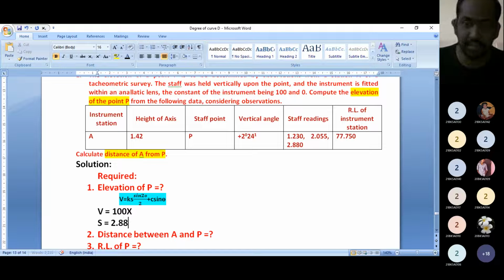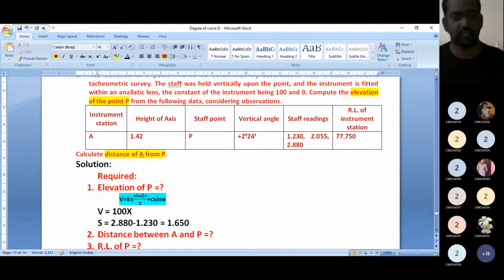Staff reading 2.880 minus 1.230, that is equal to 1.650. S value can be taken as 1.650.